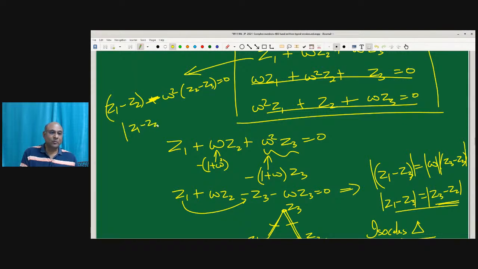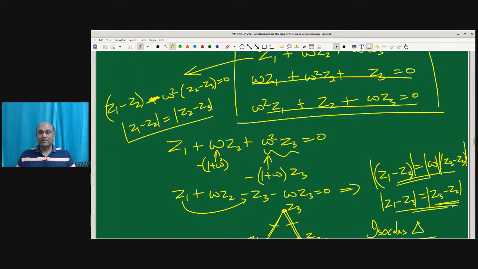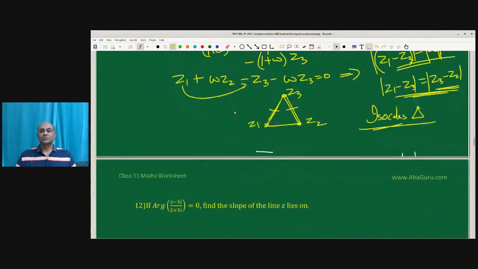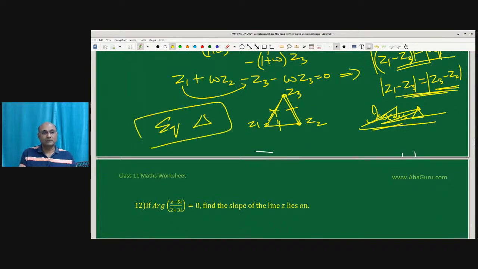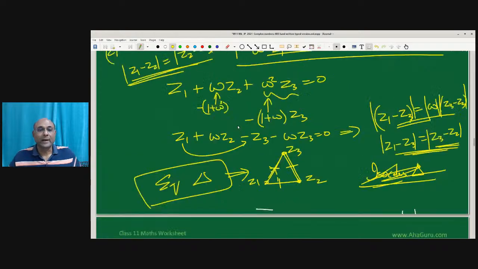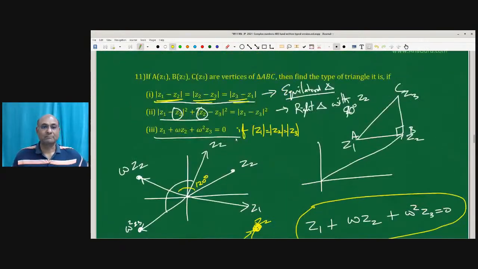Z1 minus Z2 modulus is modulus of omega square Z2 minus Z3. So all three are equal. So it is not just an isosceles triangle. Everything is equal. So this is an equilateral triangle. Okay. I didn't have to give you this information. This was not required. So it is an equilateral triangle if this is true.